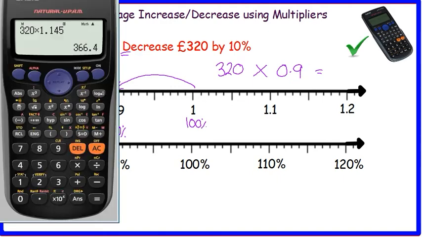I could try it this way: find 10% of 320, and then take away that answer, which is 288. Or I could go 320 times 0.9, which is 288.